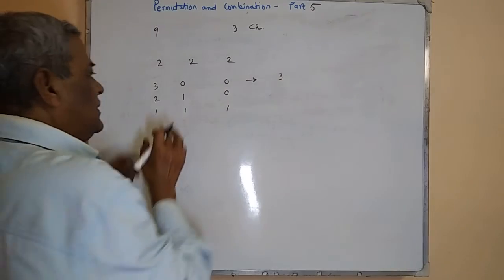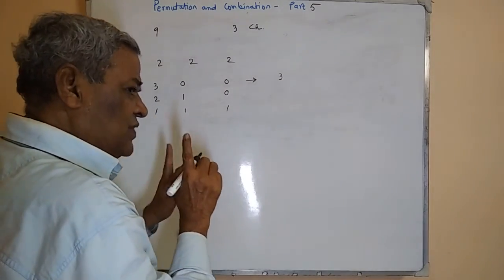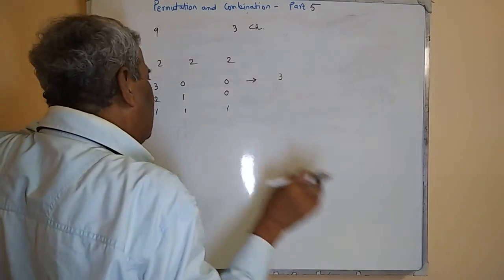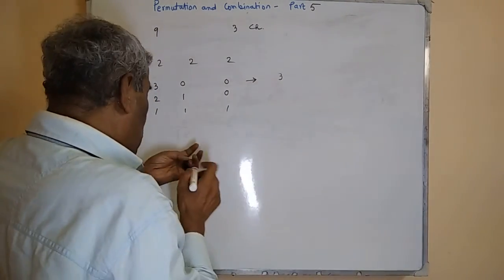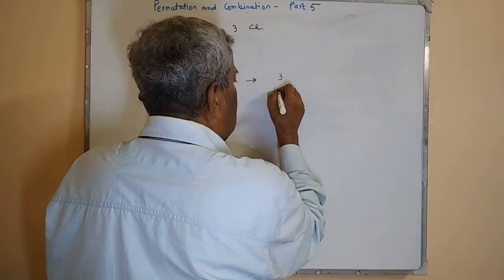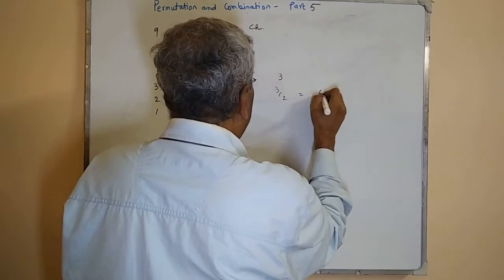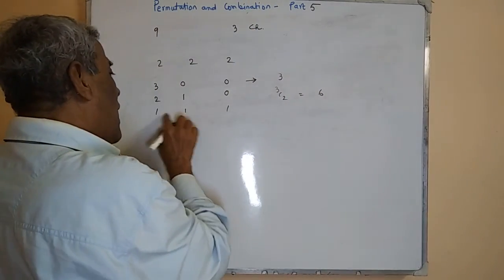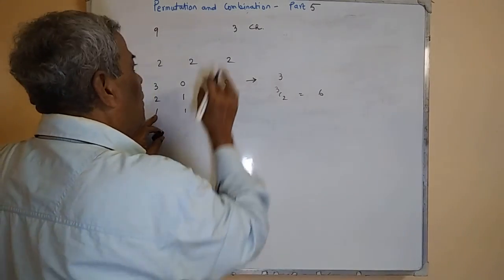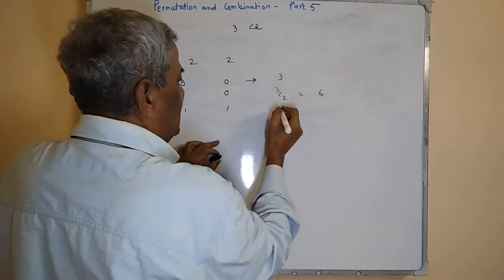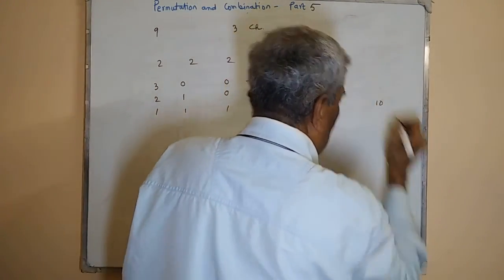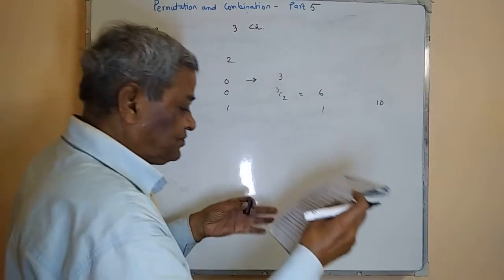This can be done in 3C2 ways. Why 3C2? The two balls to one and the 1 ball to another, so we require 2 children from 3. So 3C2 is equal to 6. And 1, 1, 1 can be done in only one way: 1 to A, 1 to B, and 1 to C. So 10 different ways this can be done.